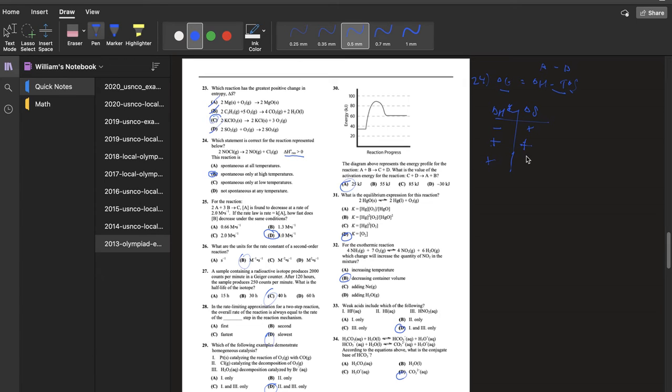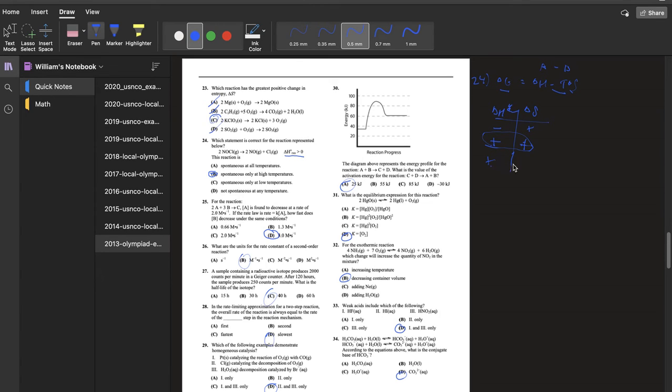So positive delta H and positive delta S can still result in a negative delta G, but the temperature just has to be really high so that the magnitude of B can increase, and essentially you're subtracting a larger T times delta S from the same enthalpy change. So this is an option.